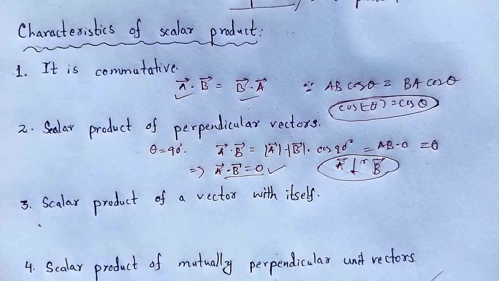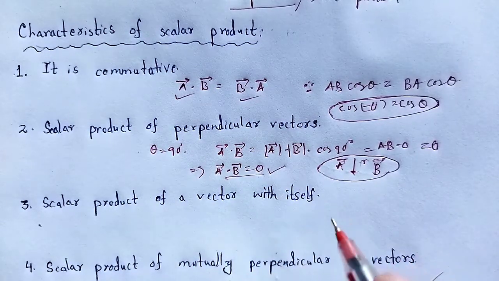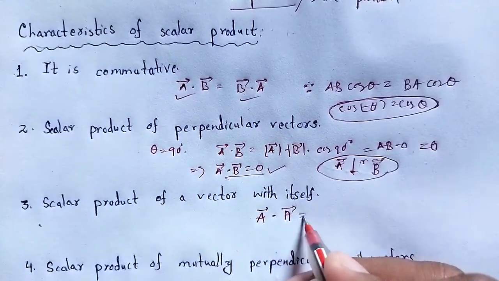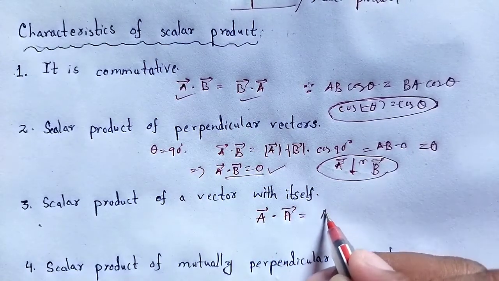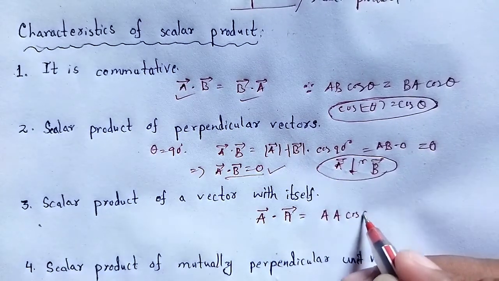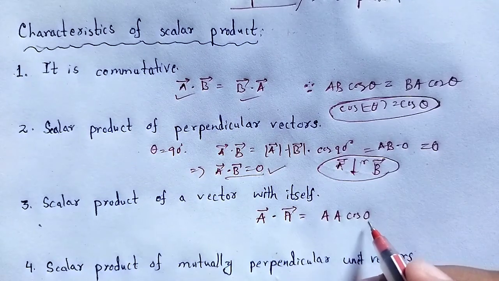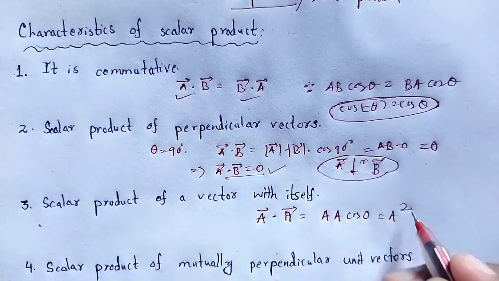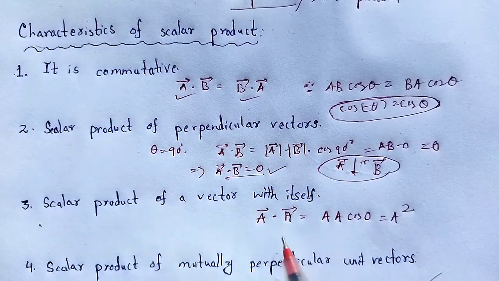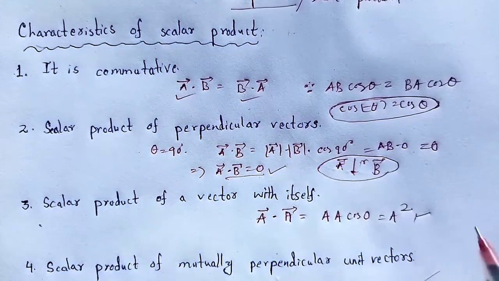Again another property, scalar product of a vector with itself. A dot A is equal to A A cos 0 degree, cos 0 is equal to 1, that is A square. The scalar product of a vector with itself, A dot A, is equal to A square.